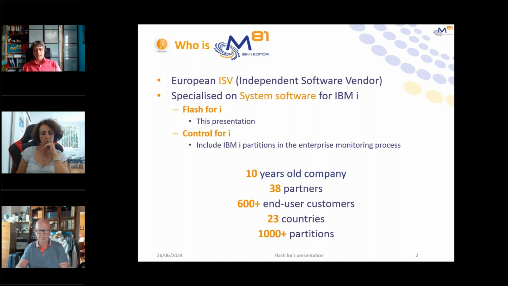Some words about the company. It's 10 years and 1 month old, and we are selling through a network of partners, and we have 38 or 39 now. There are more than 600 end user companies that are using one of our products in 23 countries over the world, and we went over 1,000 partitions in January, something like that.